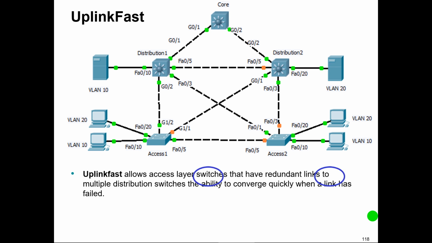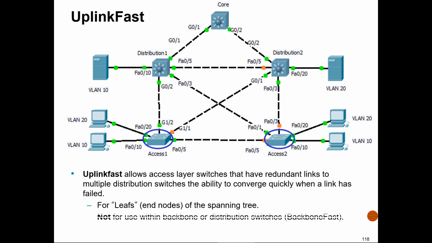And moving on, uplink fast. Uplink fast allows access layer switches the ability to converge quickly when a link fails. It allows a blocked port on a switch to almost immediately begin forwarding frames when it detects the failure of a forwarding link.